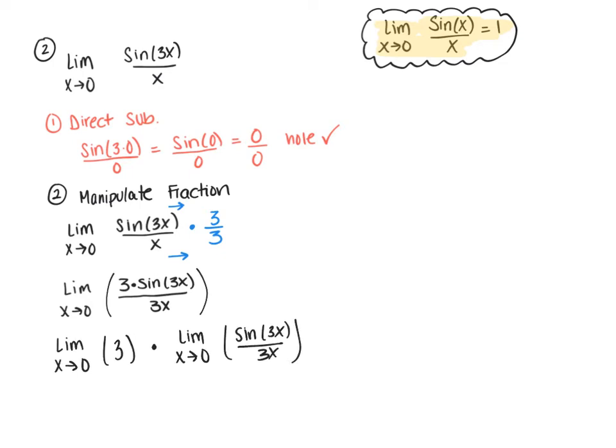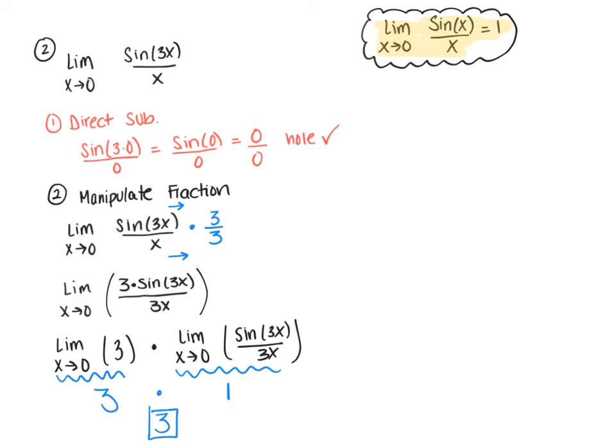Now, I'm not going to ask you to break this up and write it every single time, but just know that that's really what you're doing. So technically, this limit is 1, and the limit of a constant is 3. So the answer to this entire limit problem is 3 because 3 times 1 is in fact 3.